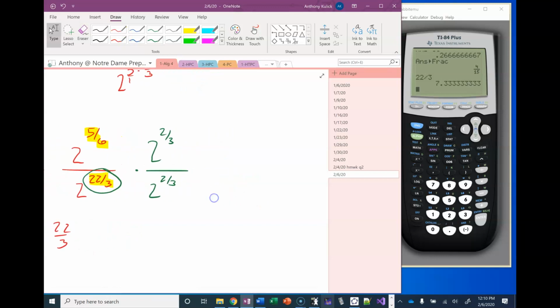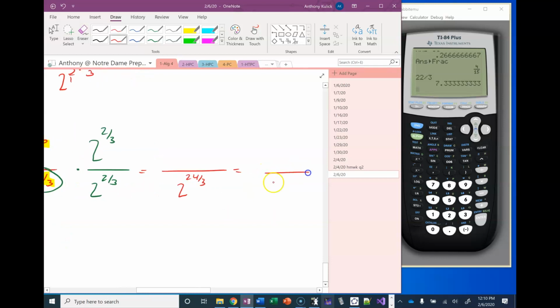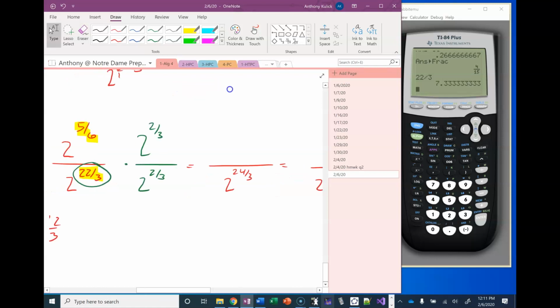Why is that going to be helpful to me? Look at what's going to happen in the denominator. I've gotten rid of the fraction in my exponent. Can we all see that? Very nice. Now I don't have a radical in my denominator either, and I don't have to worry about that step. Everybody okay there?